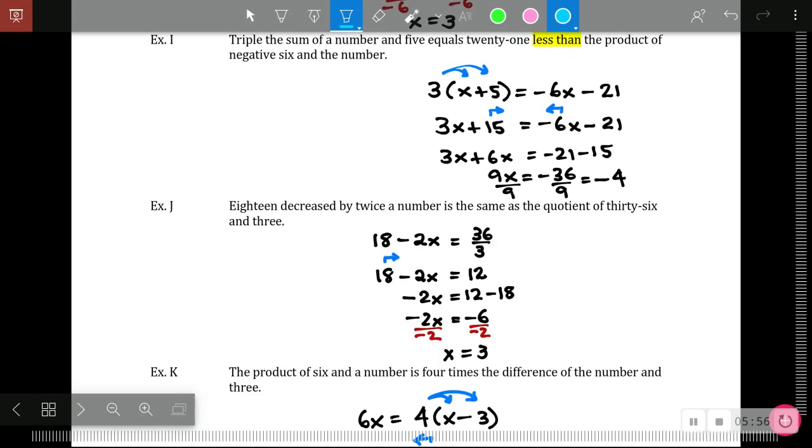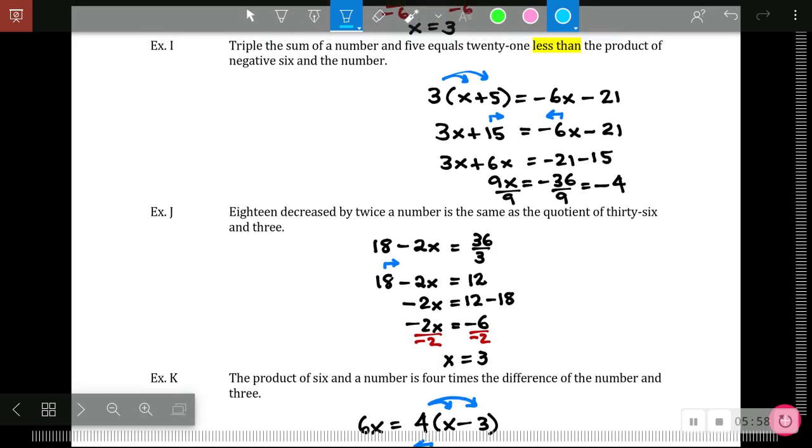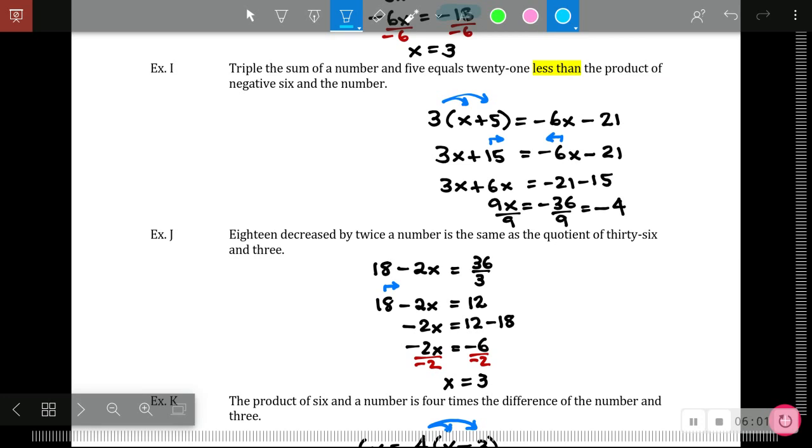Okay, example I, triple the sum of a number and 5. Here is the sum of a number and 5. That's what that is, and we're supposed to triple that. So you can see I multiplied by 3. And then on the other side of the equal sign, it says 21 less than the product of -6 and a number. So less than is a reverse subtraction.